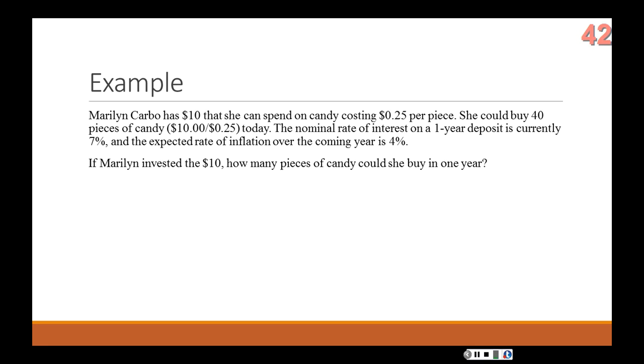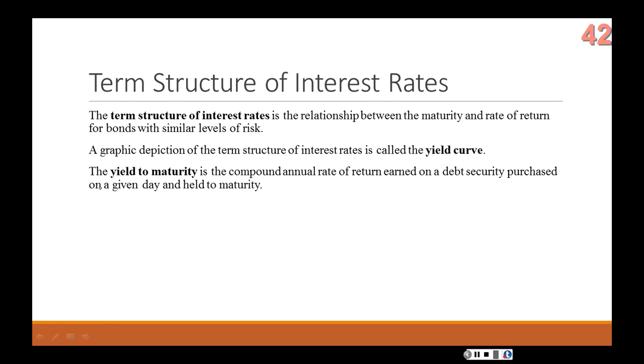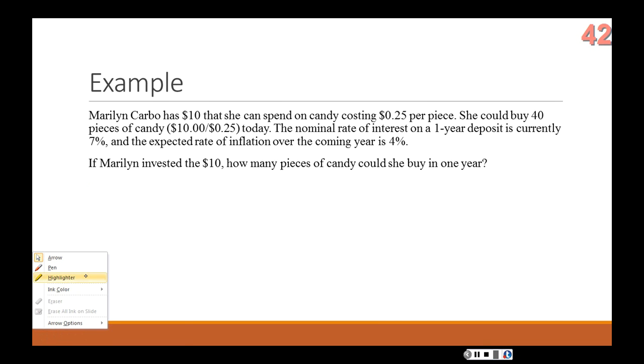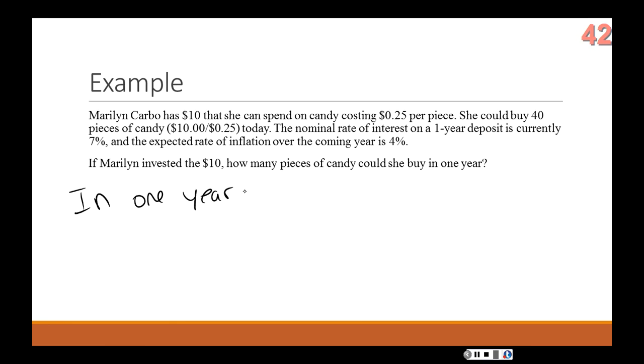So first we need to calculate how much money she'll have in 1 year. She would invest her $10 at a 7% return to give her $10.70.